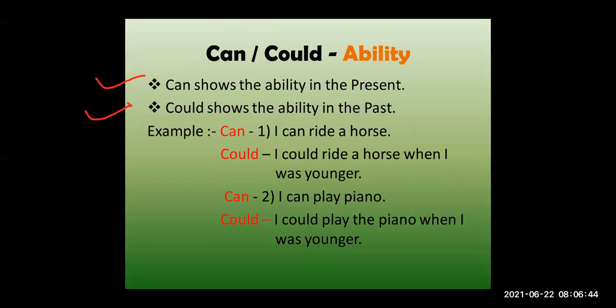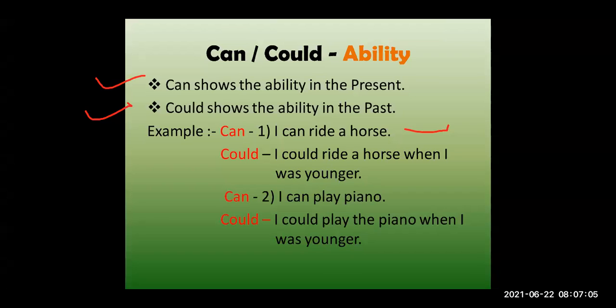For example, can shows ability in the present: I can ride a horse. Here can shows the present ability. Now, what does could show?